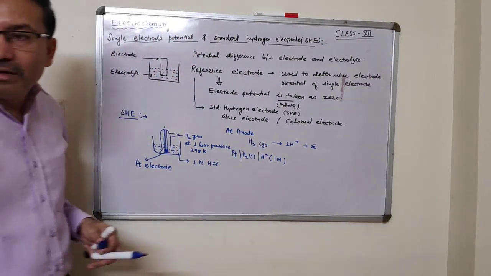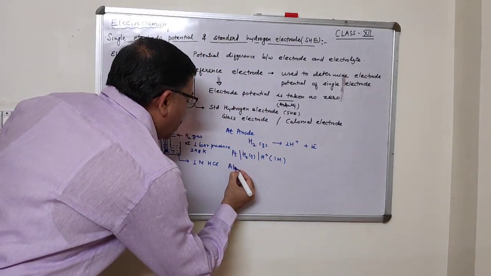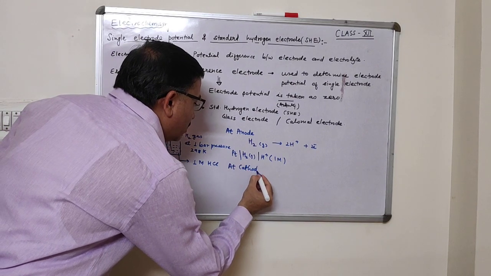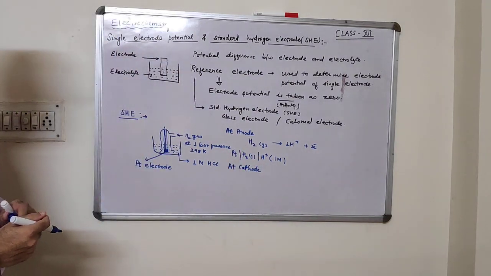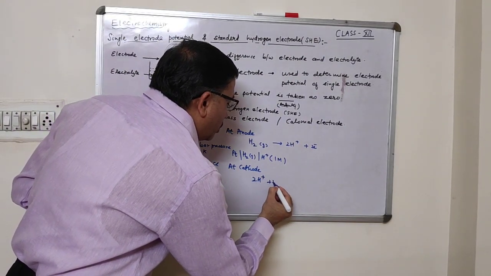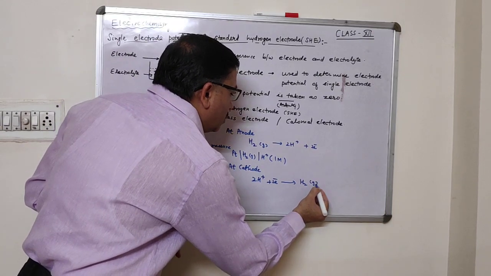Now if we place the hydrogen electrode at the cathode, what happens? 2H+ and 2 electrons convert into H2 gas.